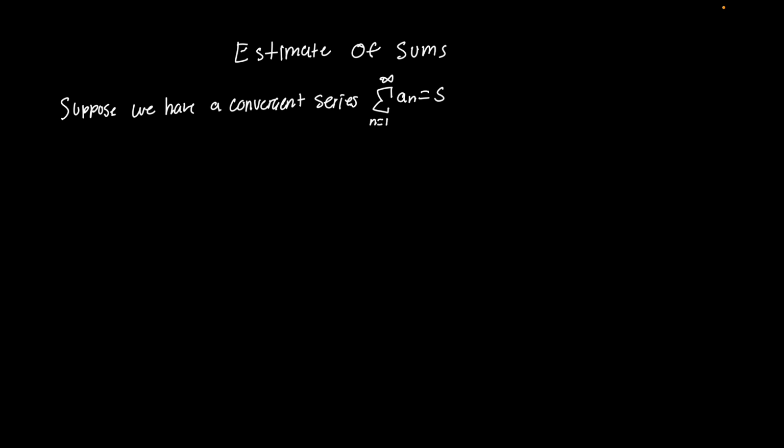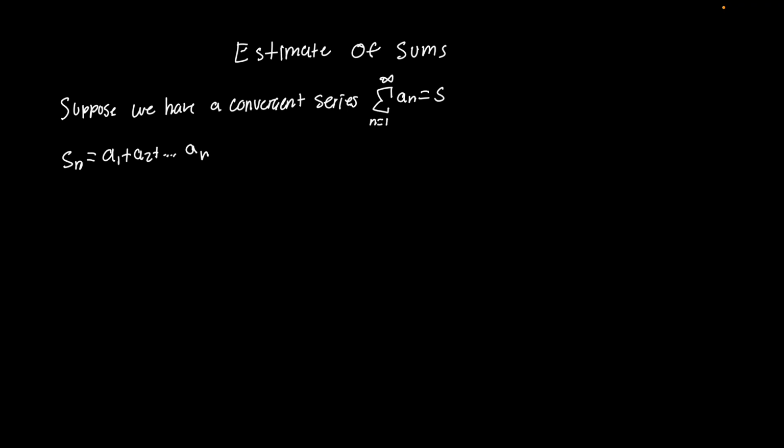This gives us a partial sum, S of n, equal to however many terms we decide to add. That is our partial sum. Just for clarification, S is the exact full sum, and S of n is the approximation using the first n terms, which could be however many terms.